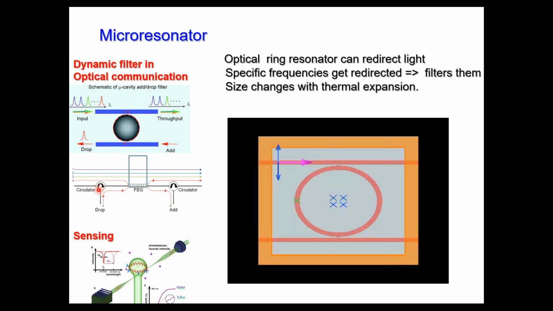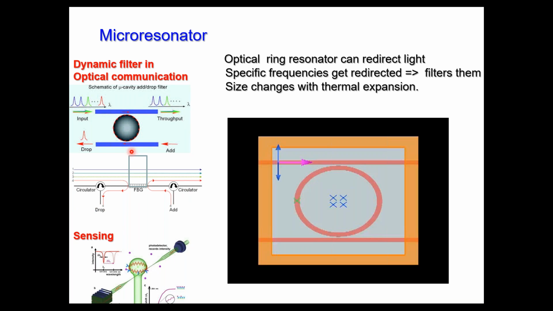So one channel is dropped here and another channel is added, and you have to adjust the FBG to accommodate this particular wavelength. This is a very complex mechanism containing optical circulators and FBGs, a full package that gives you add drop multiplexing.